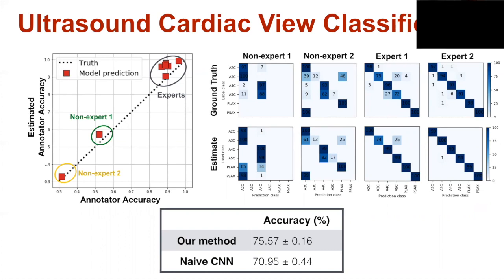Interestingly, although we don't really have ground truth, even with the pseudo ground truth confusion matrices, it is quite interesting to observe such a high correspondence between the ground truth and the estimates, especially for non-experts. And lastly, it does improve the classification performance in comparison with the case where you simply train a CNN on the majority vote labels. Right.